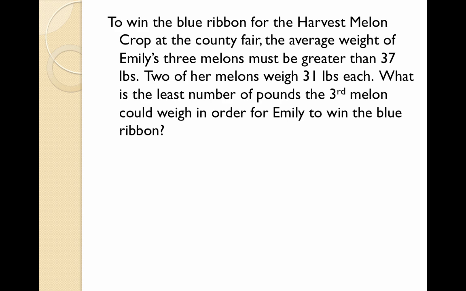So what do I know? I know that, grabbing my pen, if I add the 31 plus the 31 plus whatever that third melon's going to weigh, because my m is going to equal the weight of melon 3, when I divide those by 3, it has to be greater than, not greater than or equal to, 37 pounds.